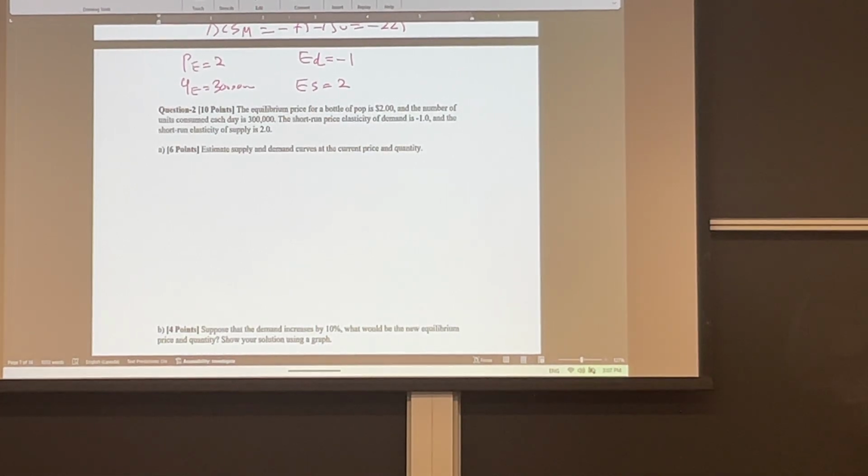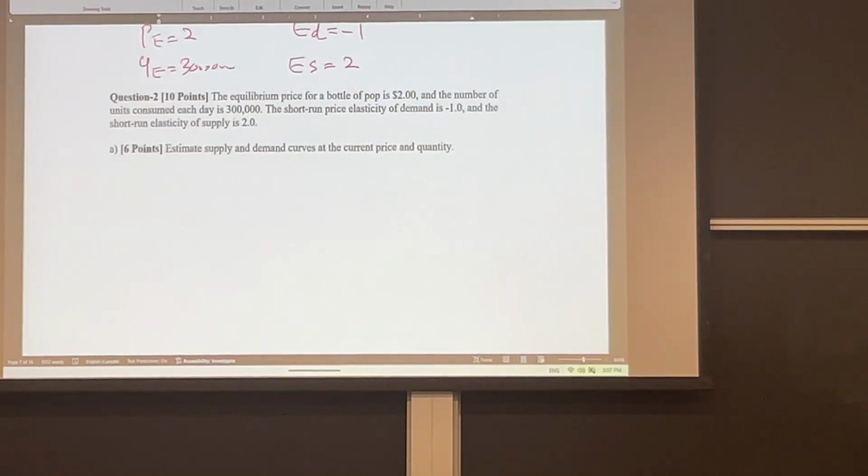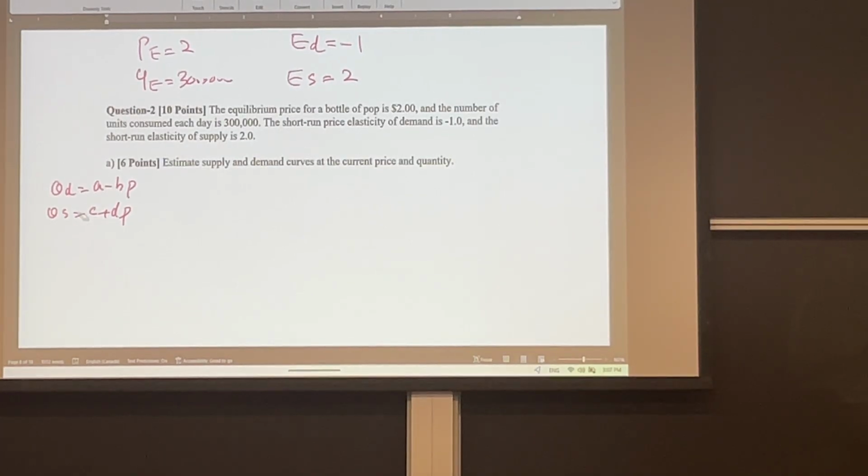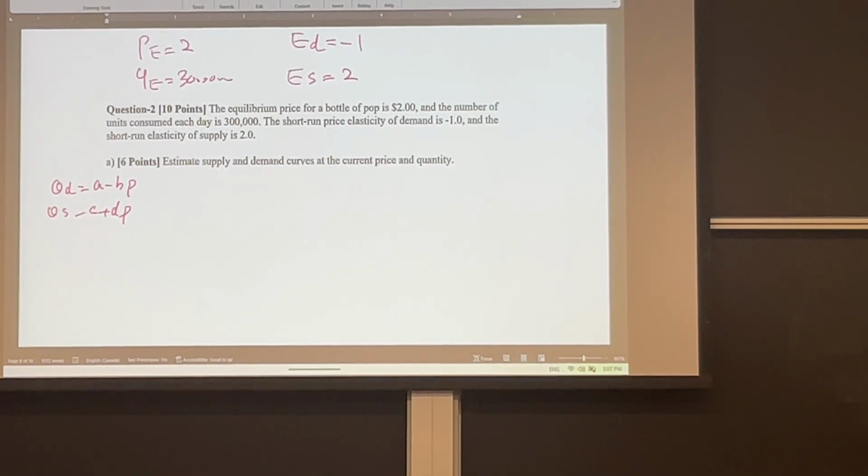So that is this question. If you look at the shock, it's not tax or subsidy, demand has shifted. We need the actual demand and the actual supply. So when I solve it, I write the actual demand and the actual supply and I try to find A, B, C, D. For anything but tax or subsidy, this is preferred, this is faster.